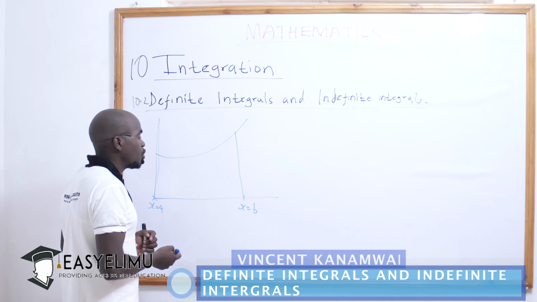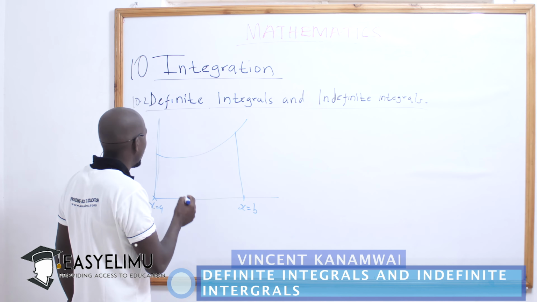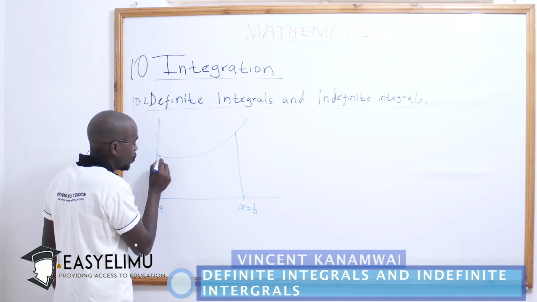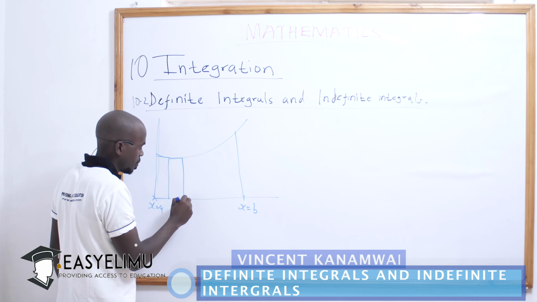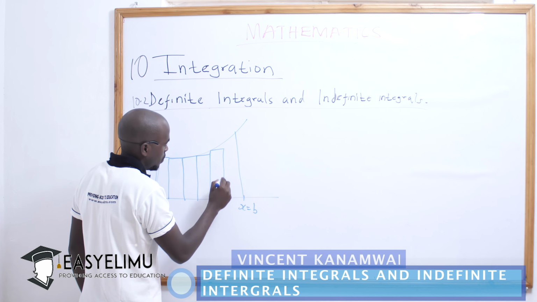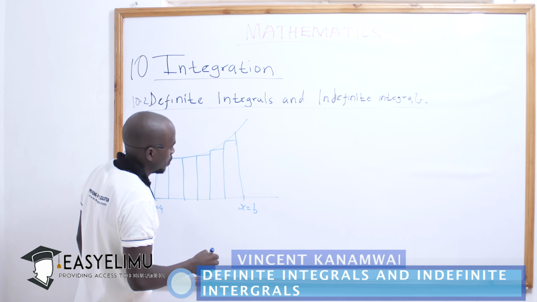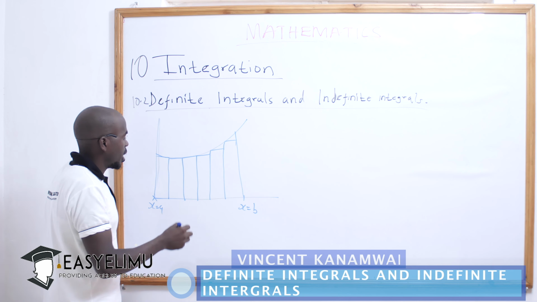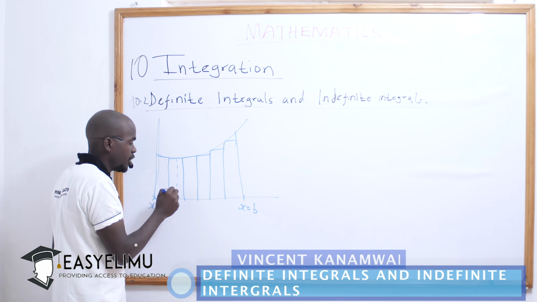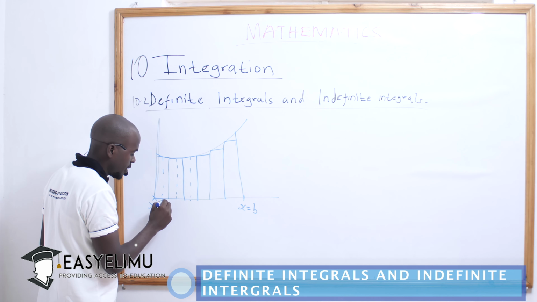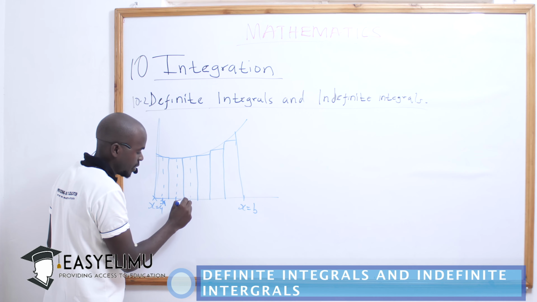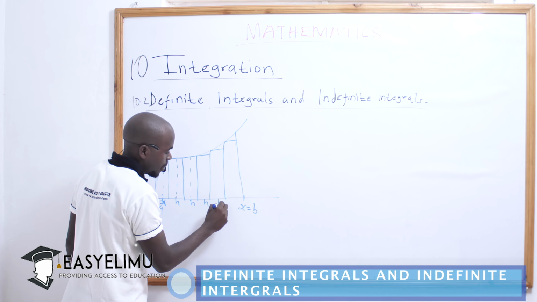And here, we can use the mid-ordinate rule, which will be just below the curve. Now we take the area of the mid-ordinates below the curve, whereby this is h, h, h, h.